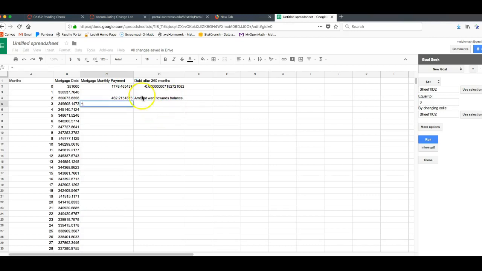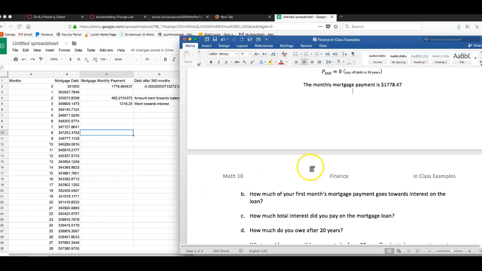So what I'm going to do is take your monthly payment and then subtract how much went towards the balance, and $1,316.25 went towards the interest. So out of your first payment, most of it, 3/4 or so of it, $1,300, went just towards interest.